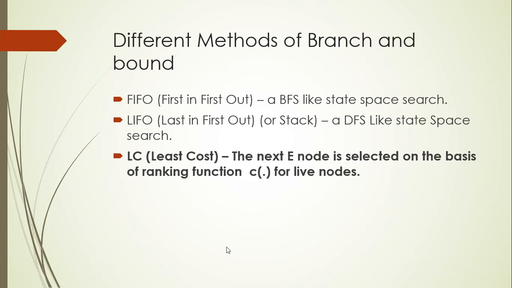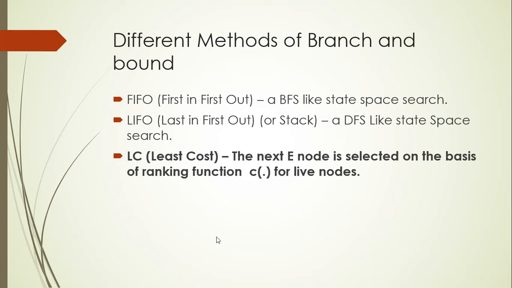Those are the different methods available for branch and bound. First one is FIFO, that is first in first out. In this method we use BFS, that is breadth first search method, to develop the state space tree. The second is LIFO, that is last in first out.